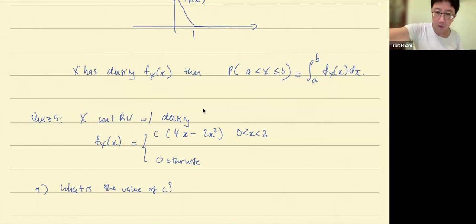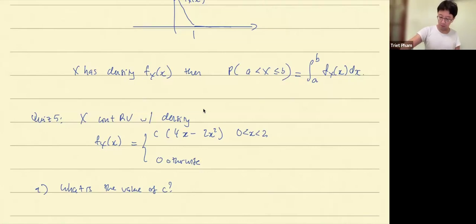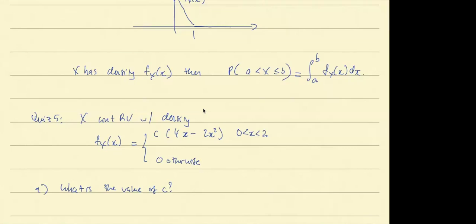How do we find C here? We know that the overall area of the f of x curve has to equal 1. So we just take an integral from 0 to 2 of that function.